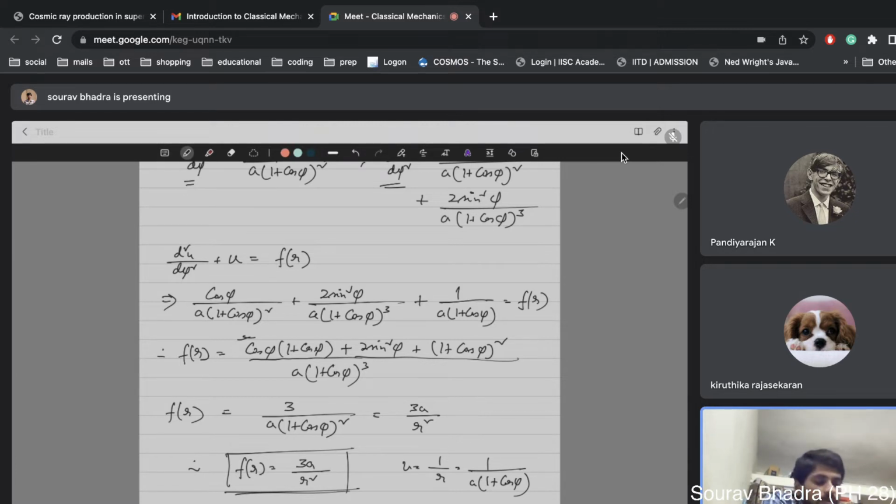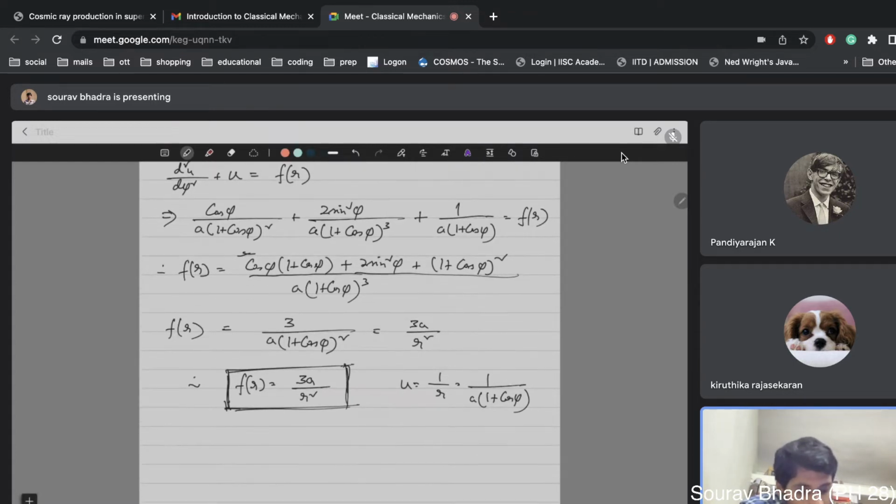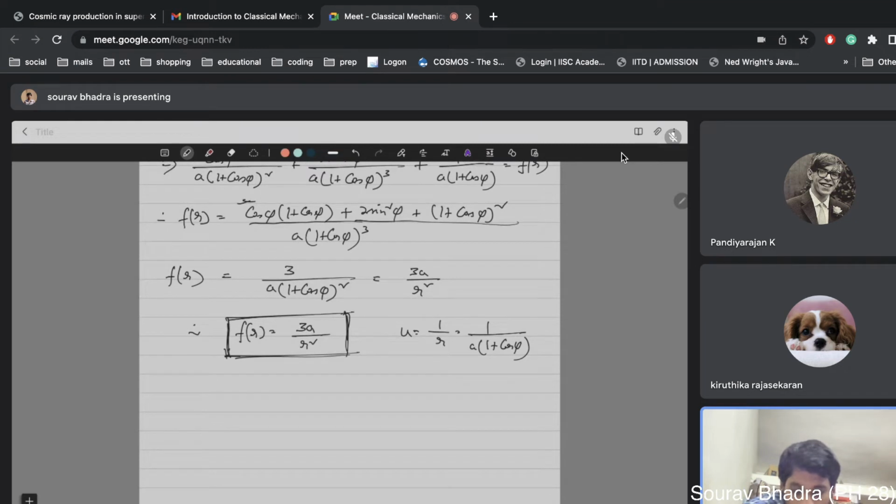So by this method you can calculate the force acting on the particle if you are given any arbitrary form of the path which the particle is following. So this is a method of doing that. Okay, now from this one thing we can do: this particular form, which is the path of the particle, if we draw it, it will look like this.